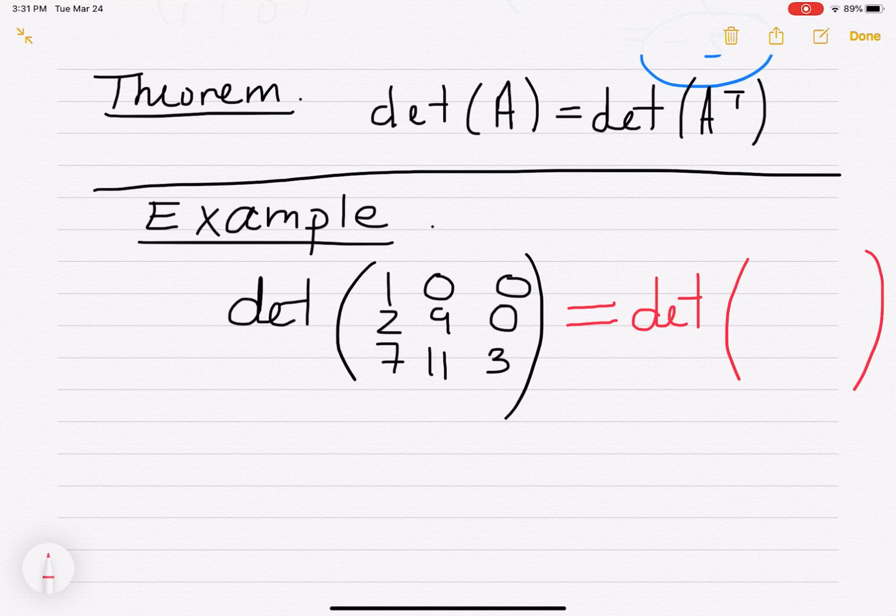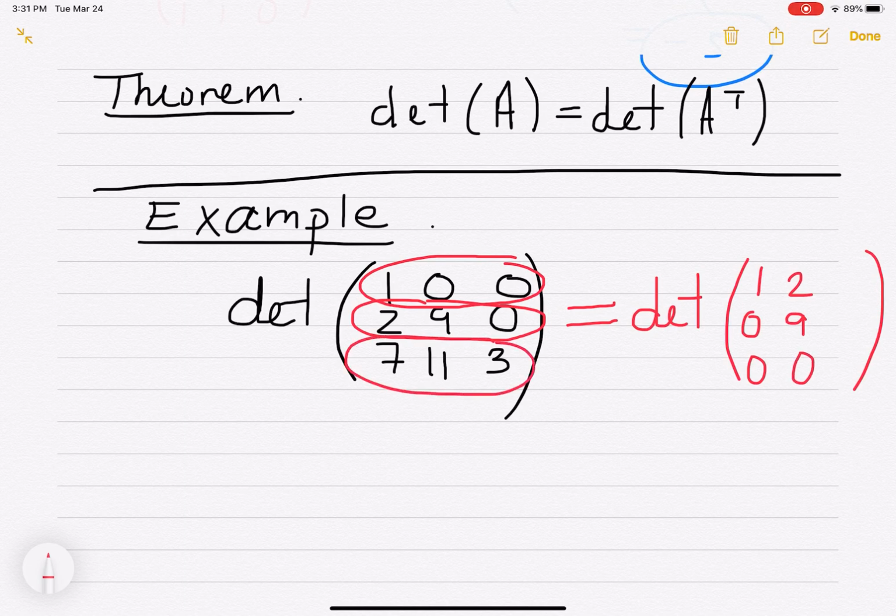So what I'm going to do is change this into its transpose. The first row I'm going to make into the first column, 1, 0, 0. The second row I'm going to make into the second column, 2, 9, 0. And the third row I'm going to make into the third column, 7, 11, 3.